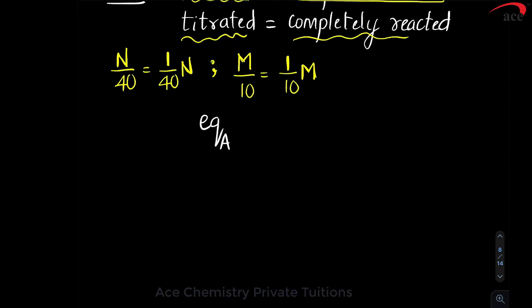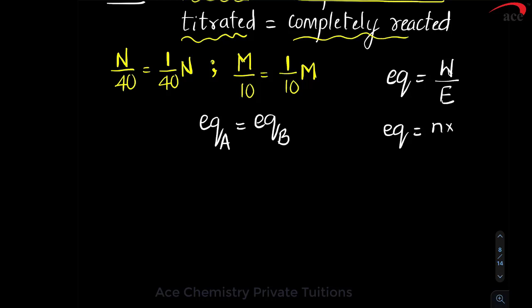Then in this type of numerical, remember any complete reaction, EQ of one substance will always be equal to EQ of another substance. EQ is given by the formula weight upon equivalent mass. It's the only formula which involves weight. Then another formula is number of moles multiplied by factor.